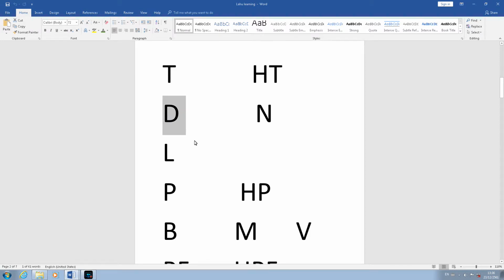It is da. The D in English and the D in Lahu, da, are the same. Na, the same as in English. This word is Lahu sound na.